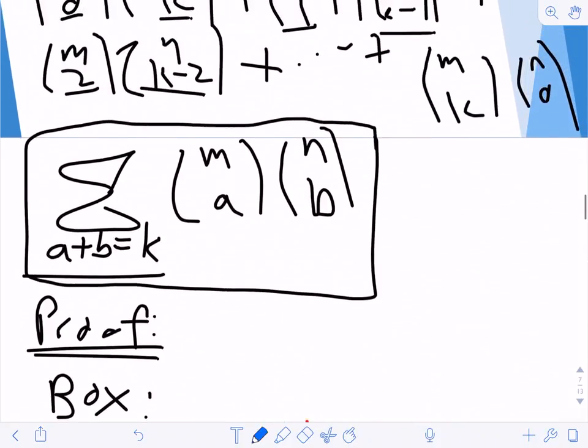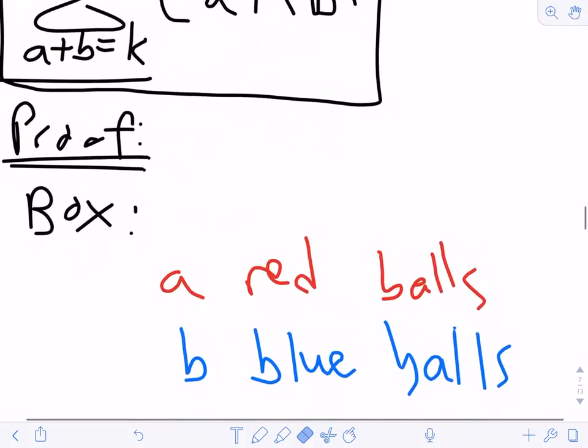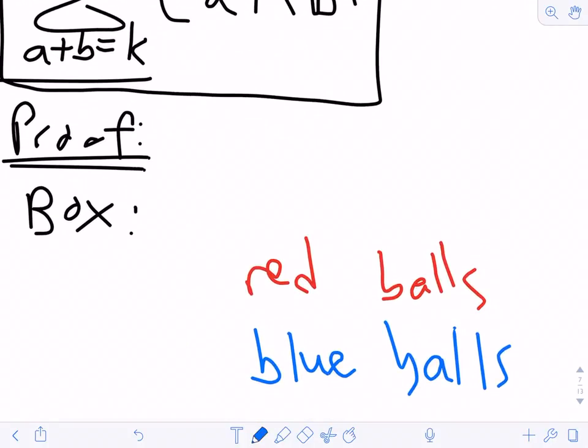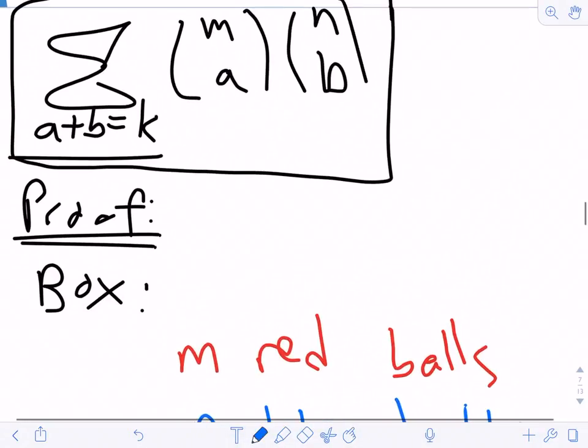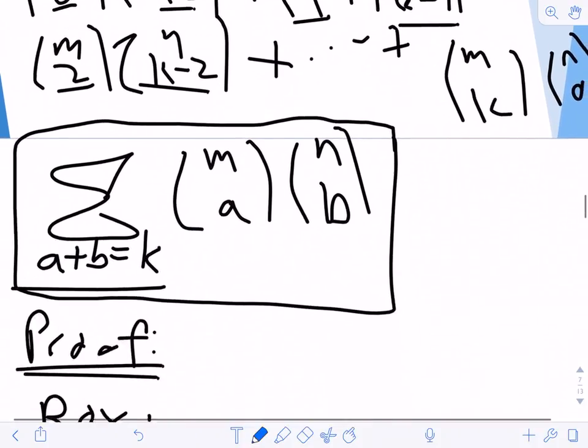I'm sorry, that's not right. In this box there are m red balls and n blue balls. They correspond to the m and n in the identity here.